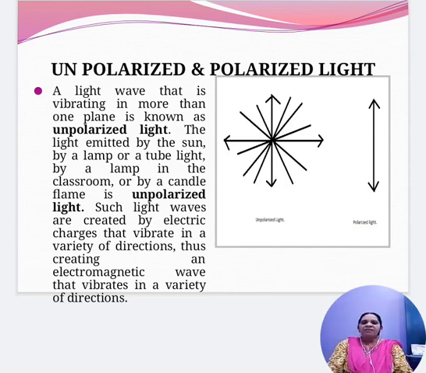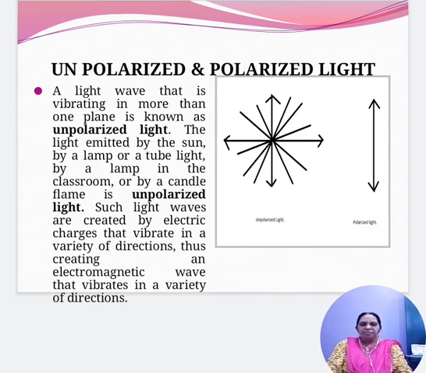A light wave that is vibrating in more than one plane is known as unpolarized light. The light emitted by the sun or by a lamp or by a tube light in a classroom or by a candle flame, all these types of light are unpolarized light. That means the light wave is vibrating in more than one plane, not a single plane.